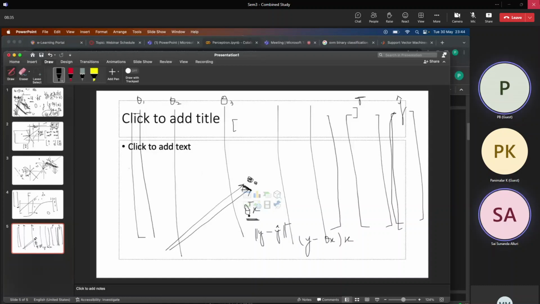We are multiplying this theta with x as a dot product. Theta with the first sample as a dot product gives theta 1x1, theta 2x2, theta 3x3, theta 4x4, theta 5x5. So now features are associated with the weights.